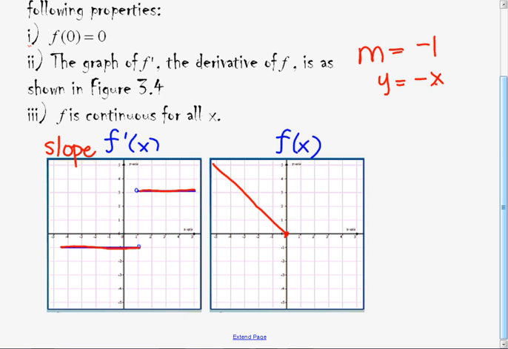Does that make sense? And then I'm going to stop at 1. It's going to include that point because it says my function is continuous. And then I need a line. What's the next slope? 3. So that would be like y equals 3x.